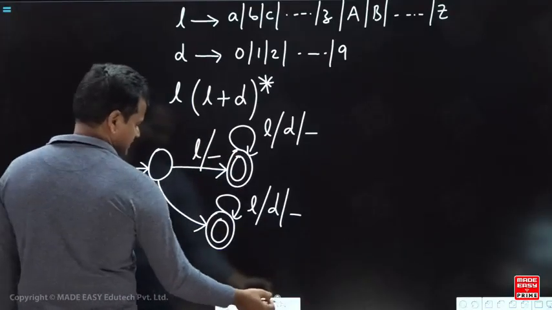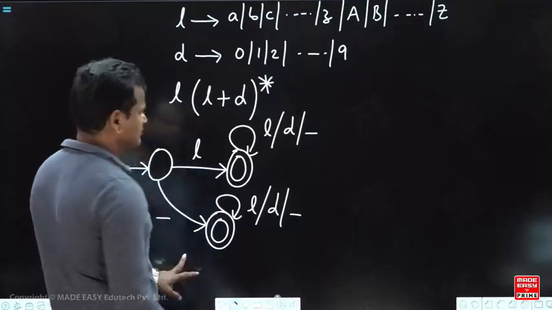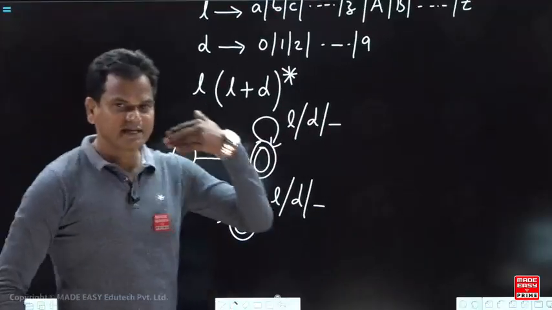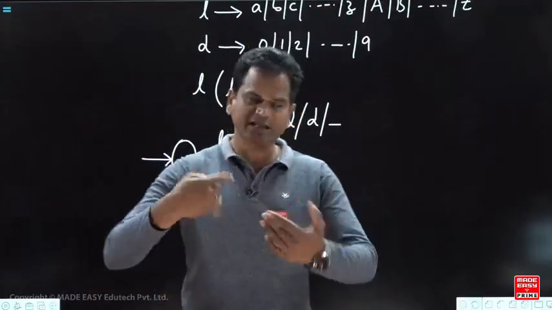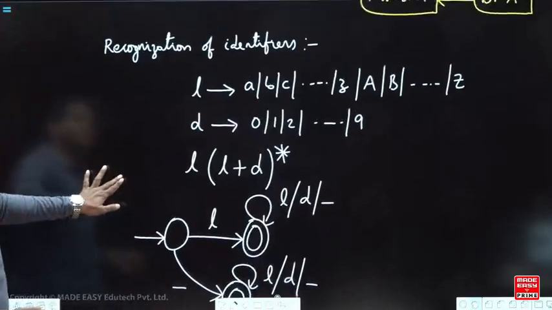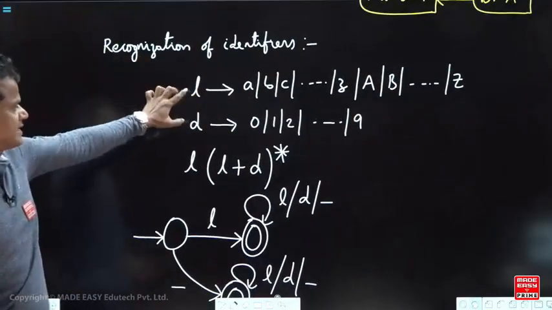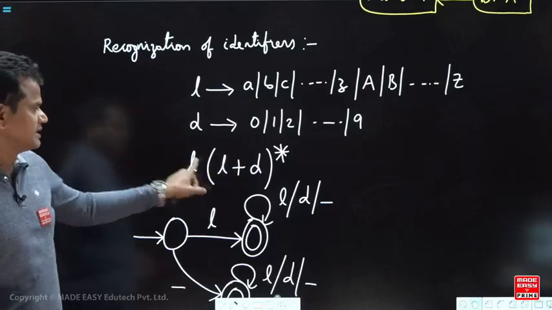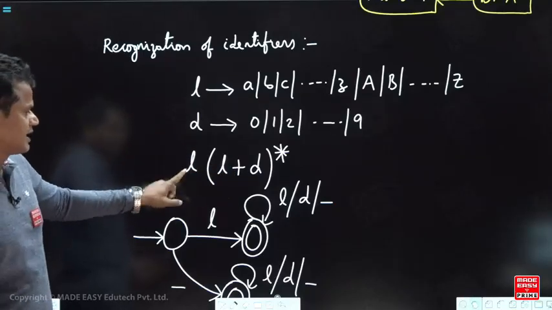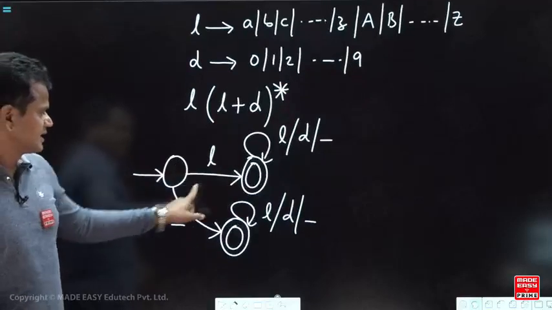Instead of doing it separately, you can write like this also. That depends. We are not doing any minimization. So this is the regular expression and corresponding finite automata. It is recognition of identifier. An identifier in general is any combination of alphanumerics, and the first symbol must be letter or underscore. So that is the reason for letter or underscore.